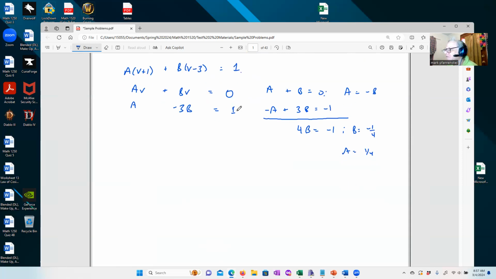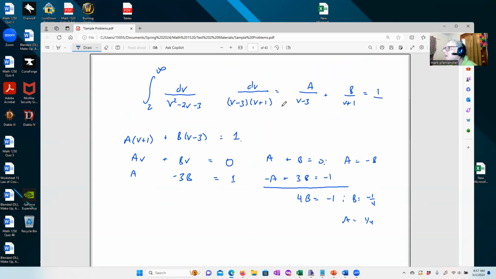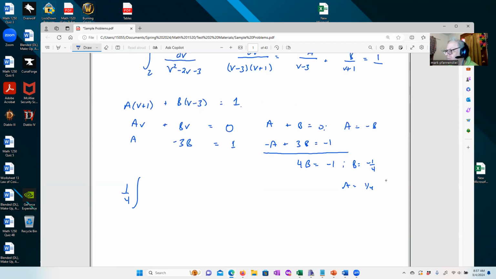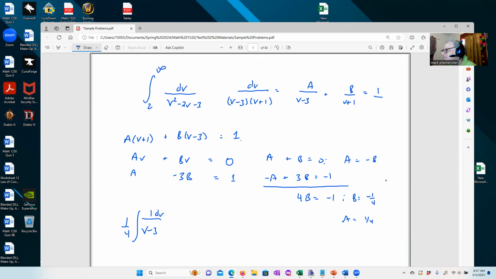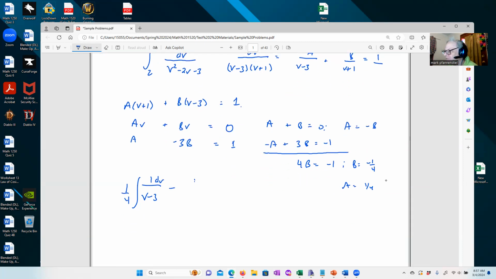Okay, going back to my integral here, we have the 1/4 integral. I'm just going to put the 1/4 on the outside because it's on both of them, and we've got 1 over (v minus 3) dv. B was negative, so we have -1 over (v plus 1).